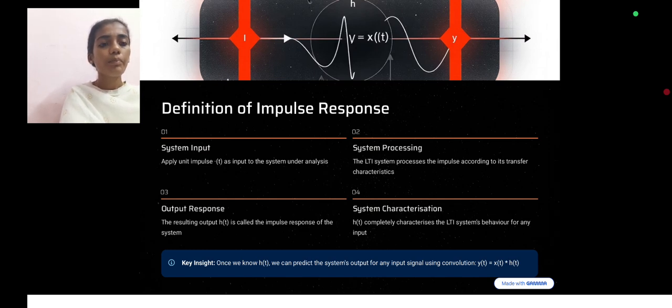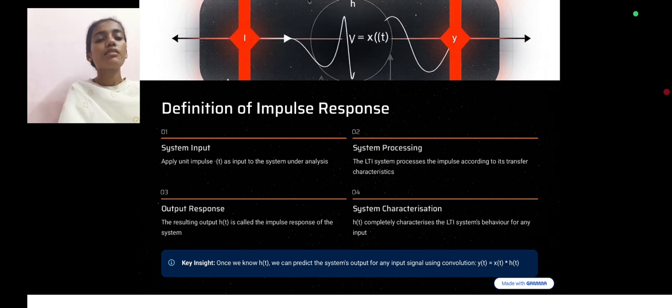System processing: the linear time invariant system processes the input impulse according to its transfer characteristics. Output response: the resulting output h of t is called the impulse response of the system. System characterization: h of t completely characterizes the linear time invariant system's behavior for any input.